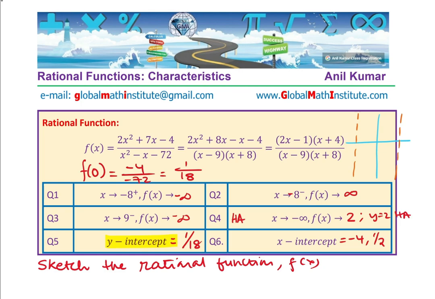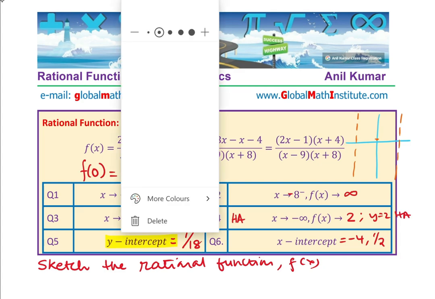And here we have the y-intercept at 1/18, the end behavior, and x-intercepts at -4 and half. So let me sketch the graph roughly here.